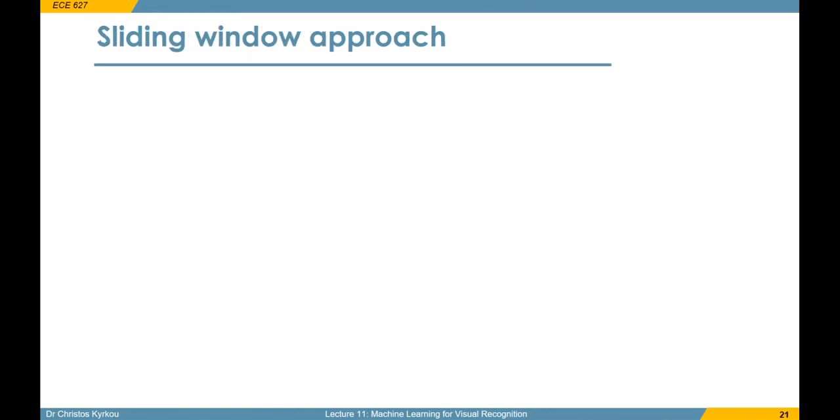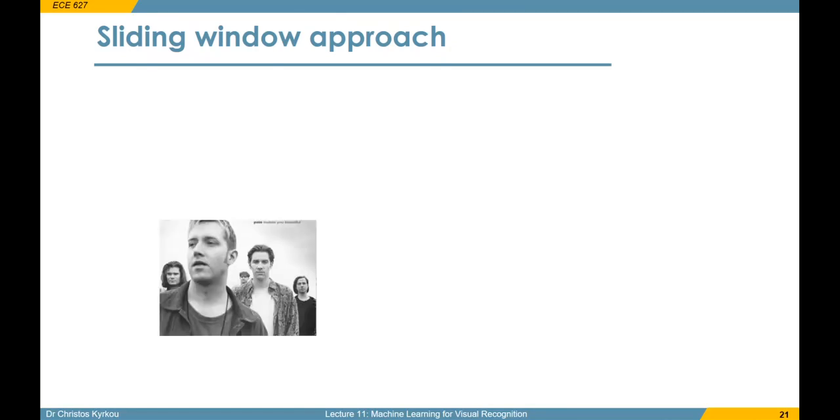This approach is called the sliding window approach. Let's consider face detection as an example. We have this input image, and we want to look for faces. We slide a window over the image and classify each and every one of the blocks that we extract.